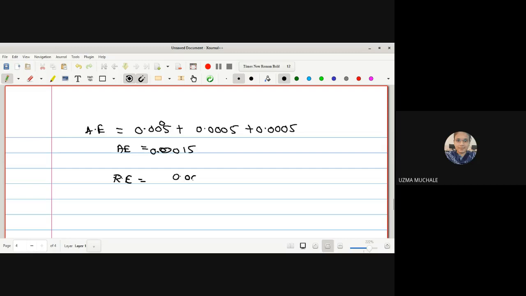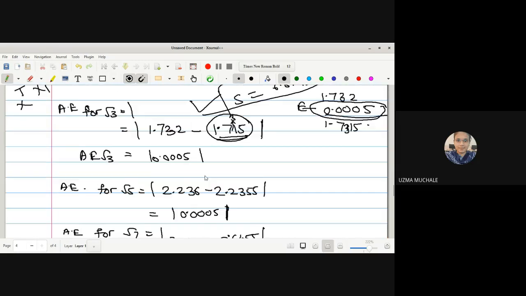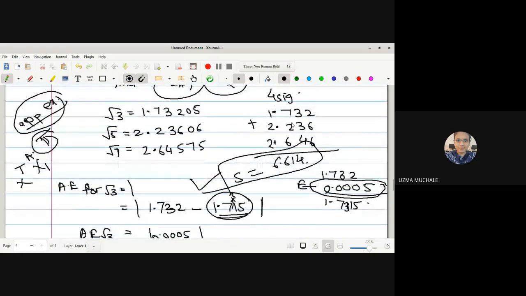It is 0.0015 divided by the value of the sum we have calculated. What was the value? 6.614, the addition of all this.